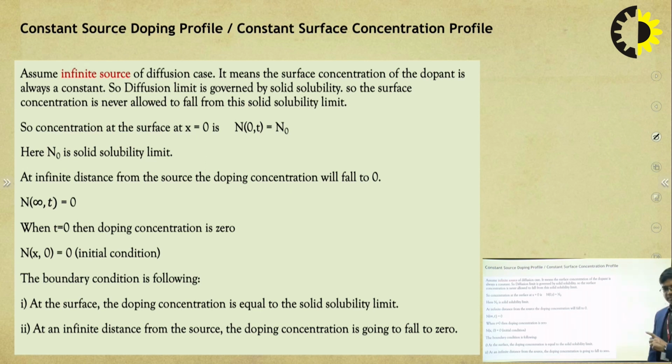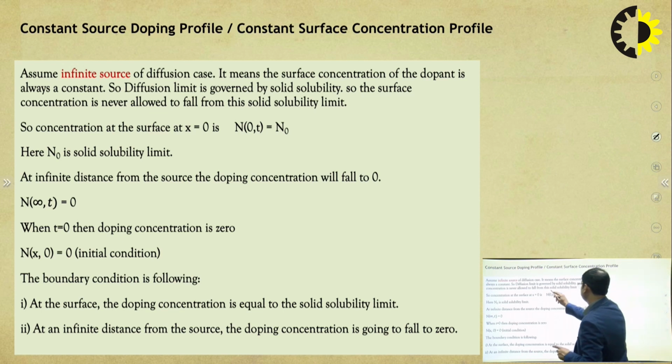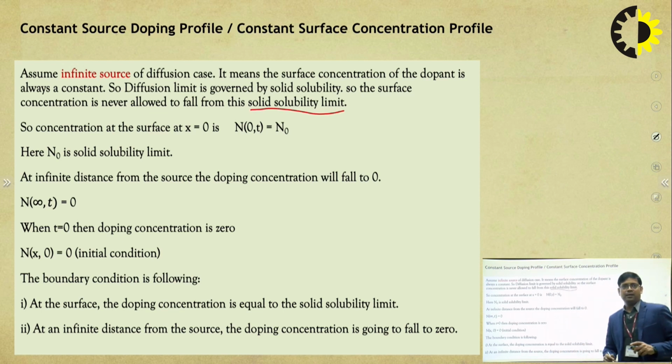As the name indicates, in this kind of doping profile, at the surface the concentration is maintained up to a level which is known as the solid solubility limit. We know that in diffusion at higher temperature, the dopants or impurities move from higher concentration region to lower concentration region, and we have maintained the dopant concentration at the surface.